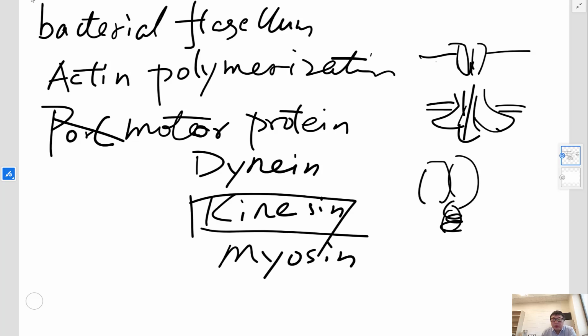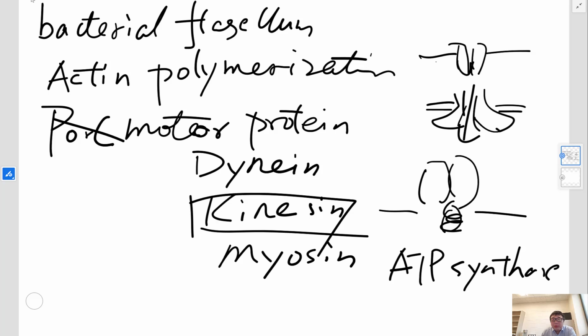This is called ATP synthase. ATP synthase is a protein on the surface of the membrane. All living organisms have this protein, and it's basically a tunnel to allow the hydrogen ions to get out, in eukaryotic cells, from the mitochondrial intermembrane space to the mitochondrial matrix.